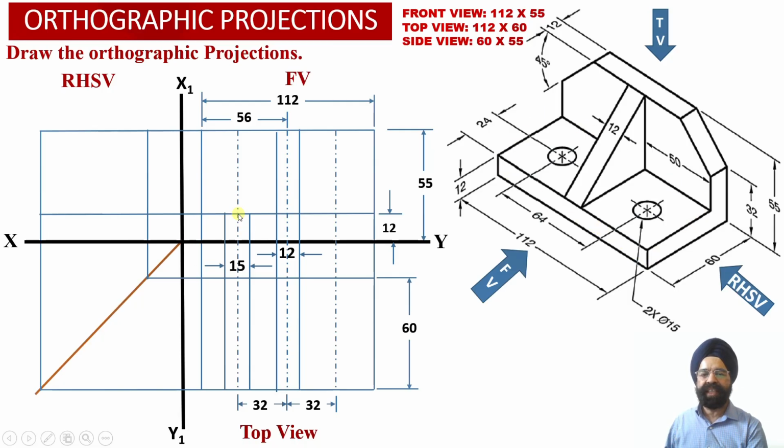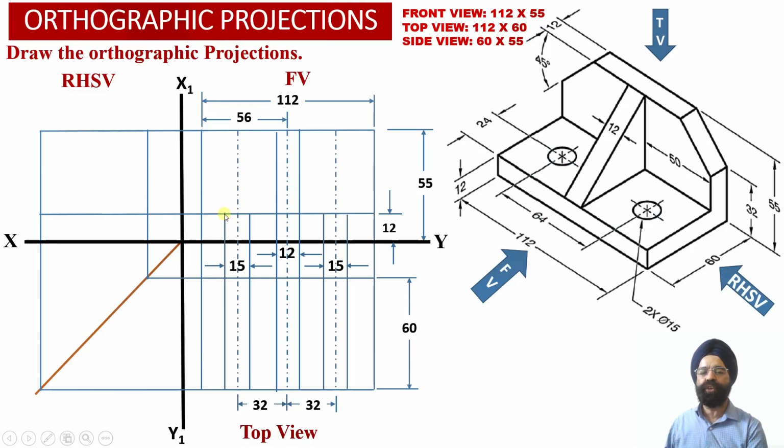So now at a distance of 64 millimeter, we have already evaluated the center points of these two holes. They will be located over here, and then by taking offsets of 7.5 millimeter on the left side and 7.5 millimeter towards the right hand side, now the location of the holes we have been able to obtain into the front view projections over here.